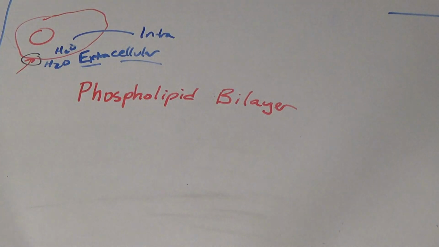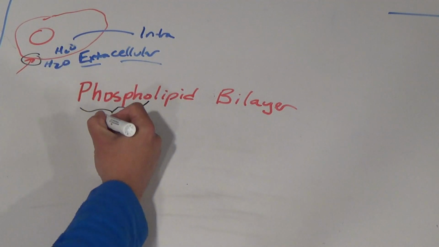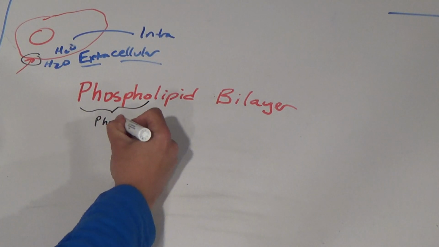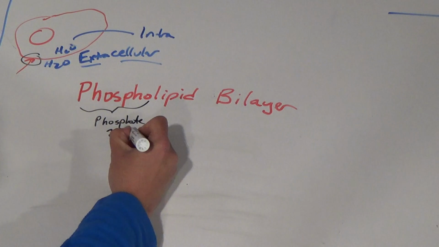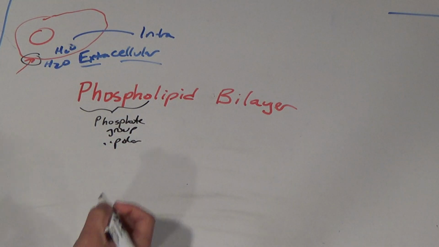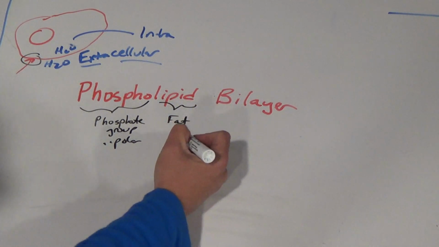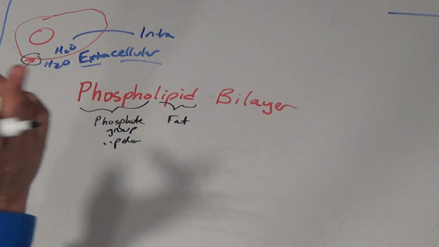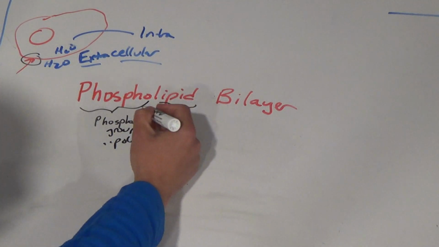Phospho means a phosphate group, and we think right there polar. Lipid is a fat. I've mentioned it before, and if you don't know this, go back and watch it. Fat, oils, and waxes, right? It's made of a phospholipid bilayer.